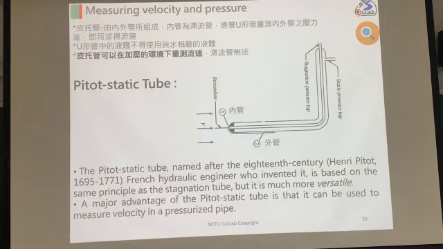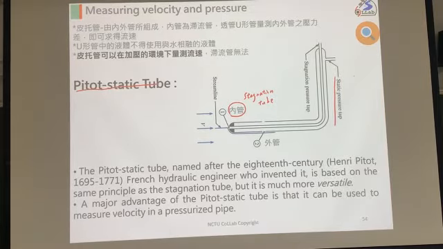Okay, and the second idea we call a Pitot tube. A Pitot tube just puts the stagnation tube inside. So we have the inside pipe, which is the stagnation tube, and we have the outer pipe.